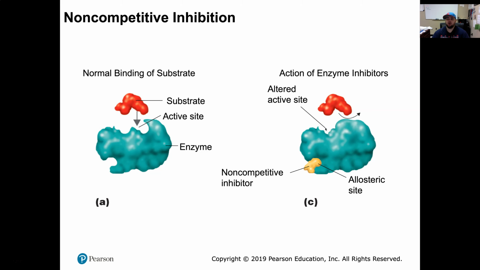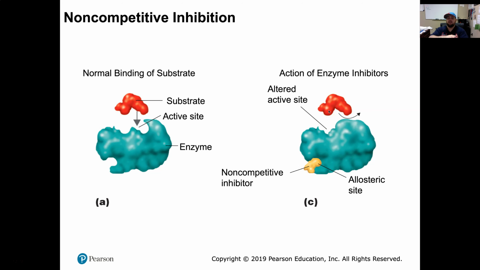And if you recall, I said earlier that enzymes will work on a couple different substrates. It's not one size fits every single substrate. So the active site is pretty specific. So what happens is the altered active site, which has been changed by the fact that the non-competitive inhibitor binds to the allosteric site, this substrate just bounces.